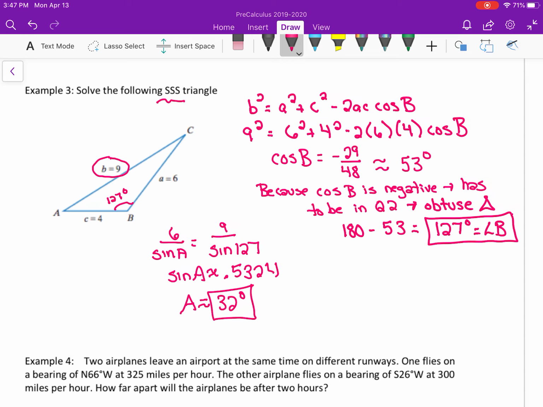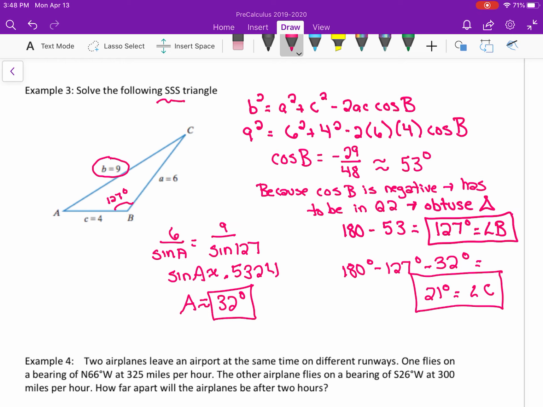All right, so we have 2 angles right there, and what else do we need? We need the third angle. So we have 180 degrees minus 127 degrees minus 32 degrees, and we get 21 degrees, and that would be angle C. So we needed to find all 3 angles, and we did.